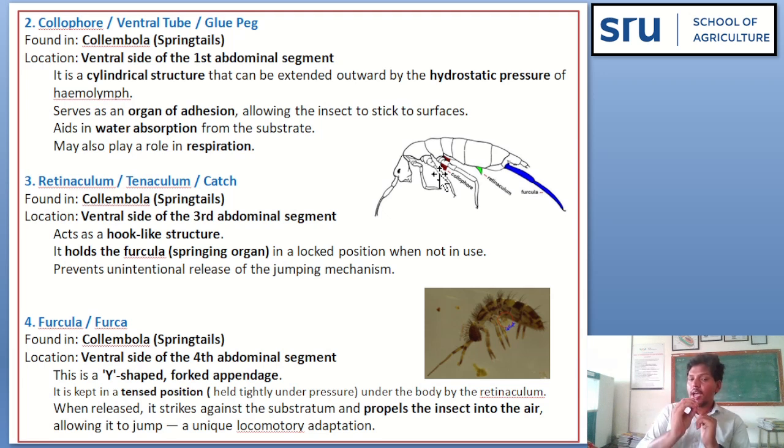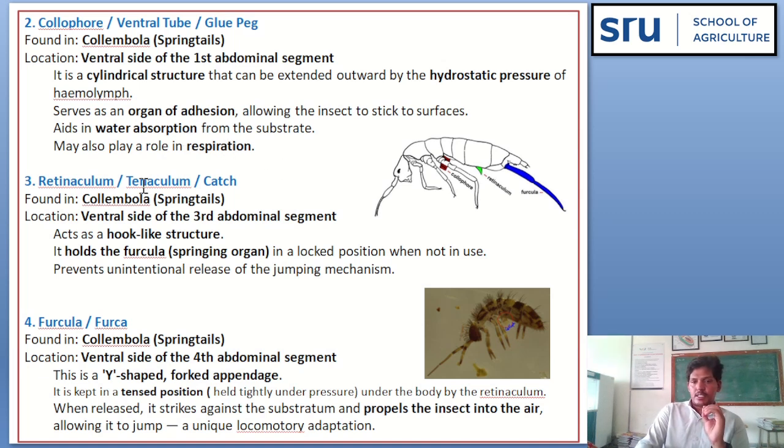It also acts as an organ of adhesion, meaning it allows the insect to stick to the surface of the substratum. It also helps in water absorption from the substrate and may also play a role in respiration. These are the functions of the colophore or glue peg: adhesion, water absorption, and respiration.